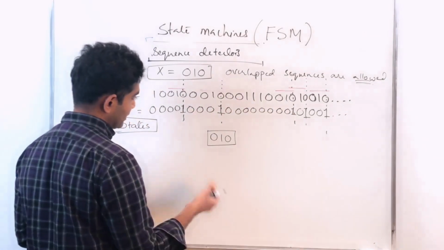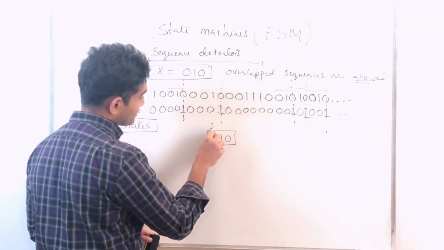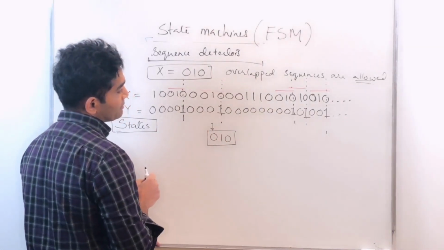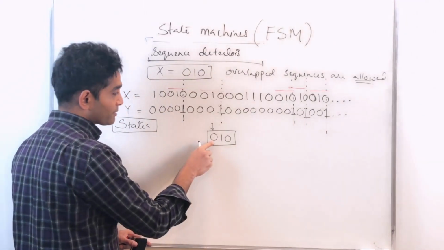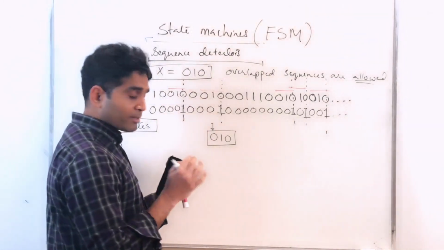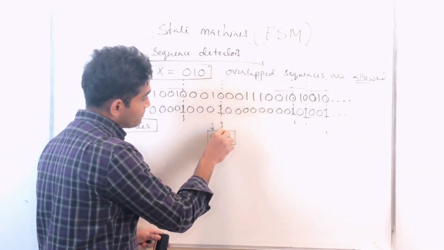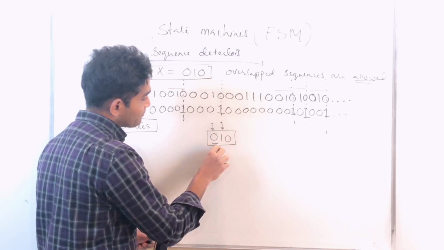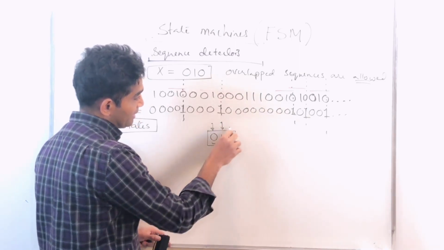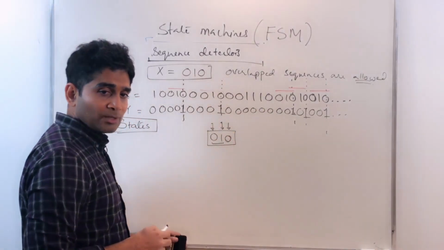For example, if a 0 has occurred, I need to have a state that would remember that a 0 has occurred in the sequence. And then I have to have another state that would remember that a 0, 1 has occurred, and another state that can remember that the entire sequence has occurred. So I have to keep that in mind.